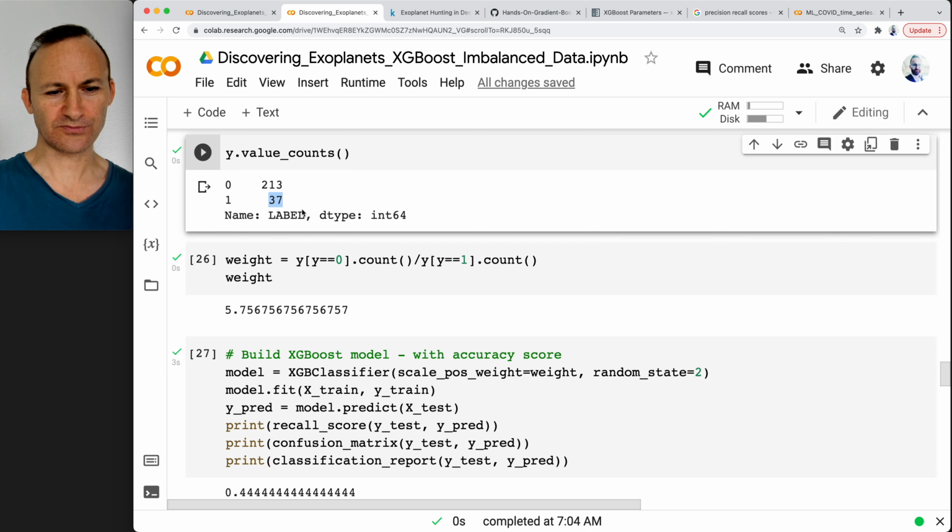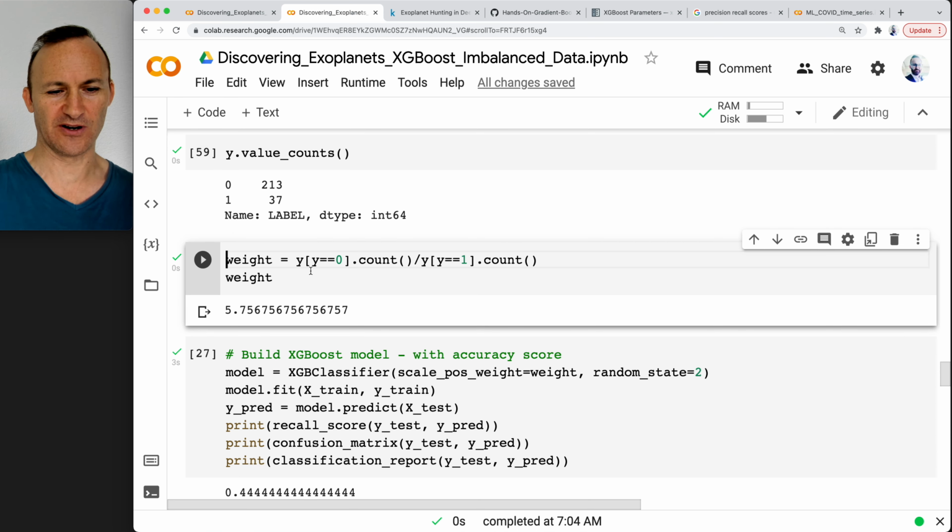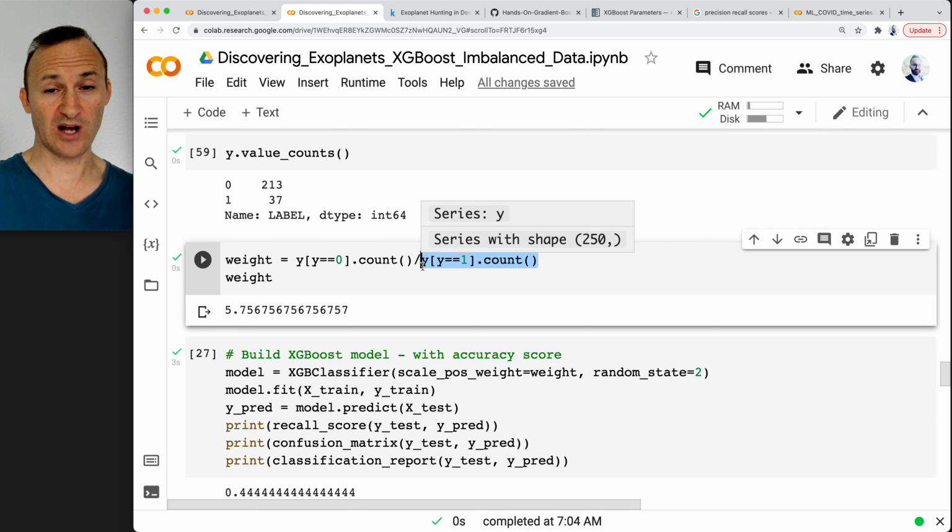So the way you do that, here's some code for it. This just means y such that y is equivalent to 0. That's going to give you all of those rows, and the count of them will be the 213. And then you divide that by the count of all the y's such that y is equivalent to 1, and that will be 37.